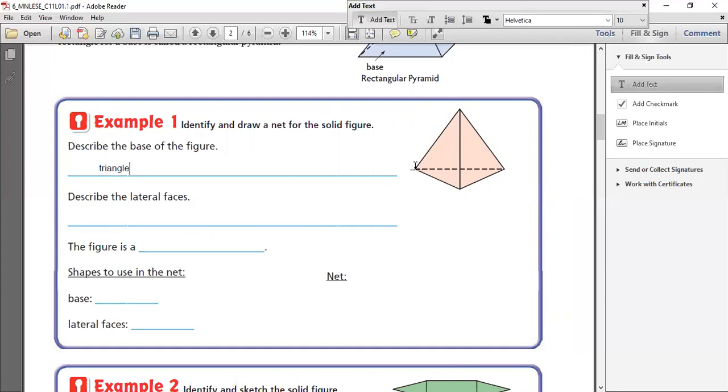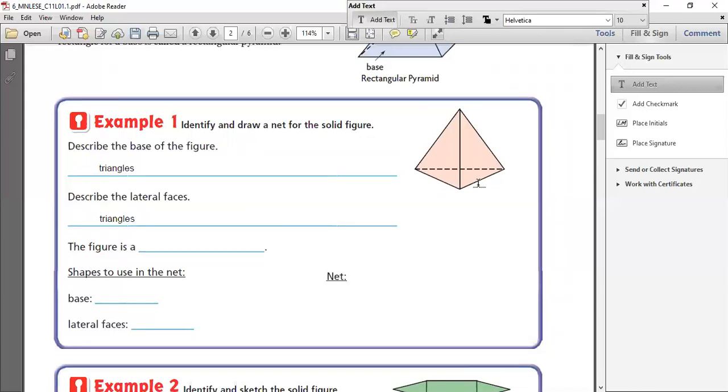Now describe the lateral faces. Lateral faces are what you can see from outside. So what kind of shapes can you see from outside? They're also triangles, right? So the lateral faces are also triangles.